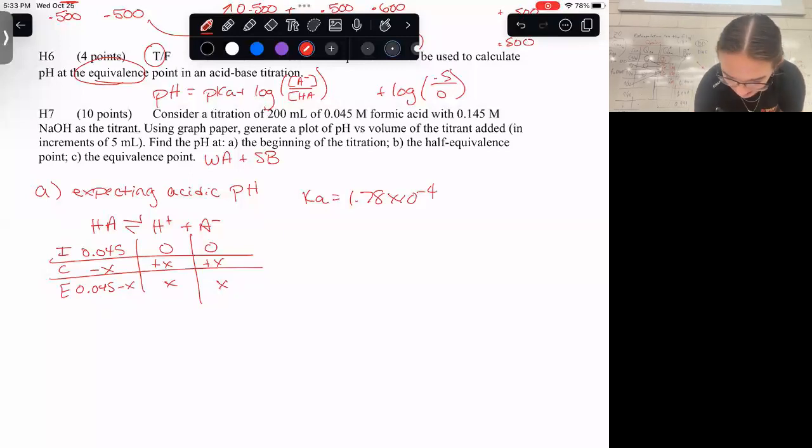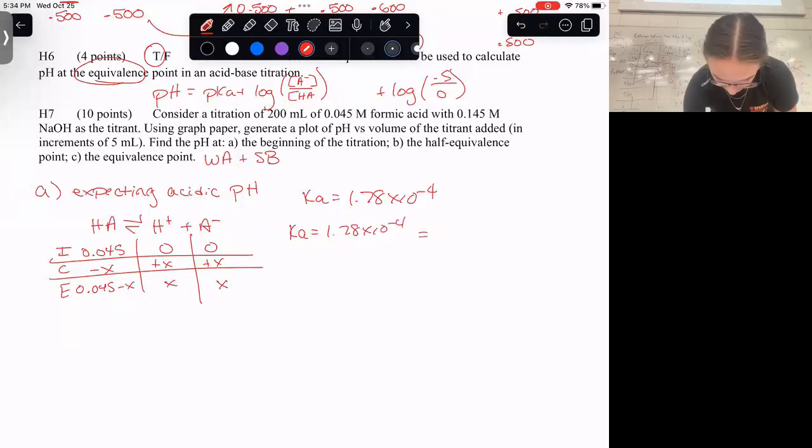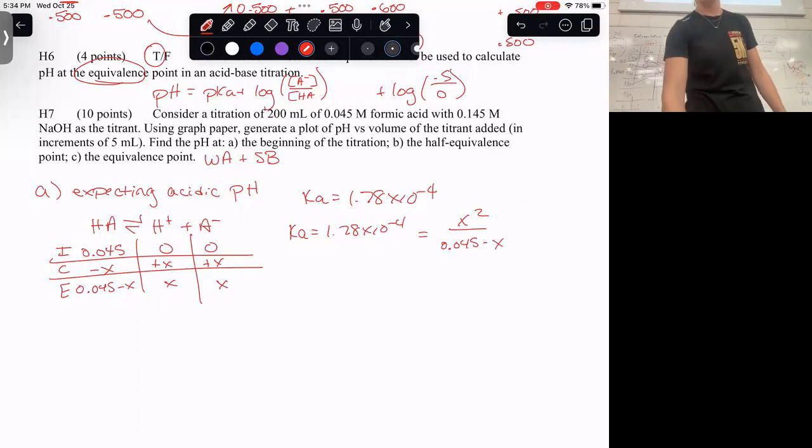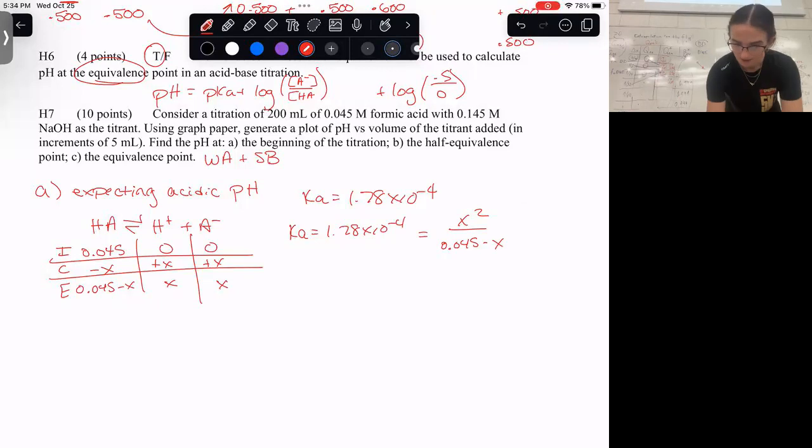So in this case, Ka, which is 1.78 times 10 to the negative 4, will be equal to X squared over 0.045 minus X. I pulled my notes up, so I don't have to do this again.